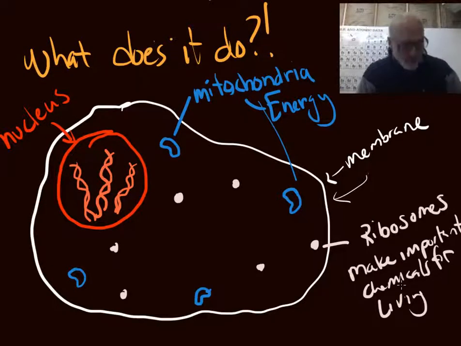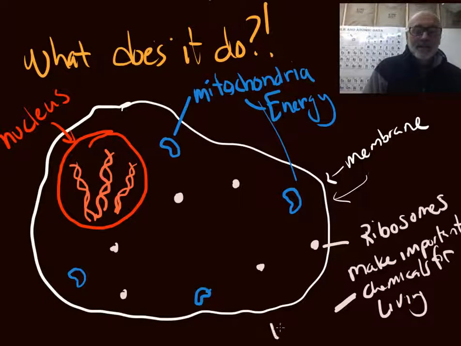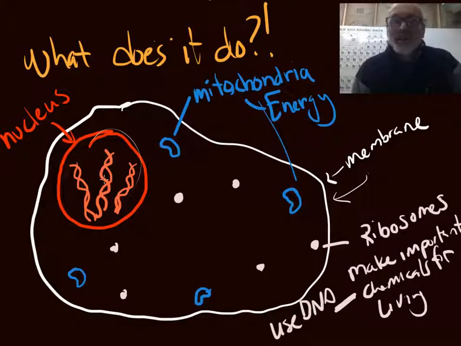And what they do is they use the DNA. Remember, it's instructions for making you. So they use the instructions that are in the DNA to make something for your body to live. Ribosomes are extremely important for what these viruses do.